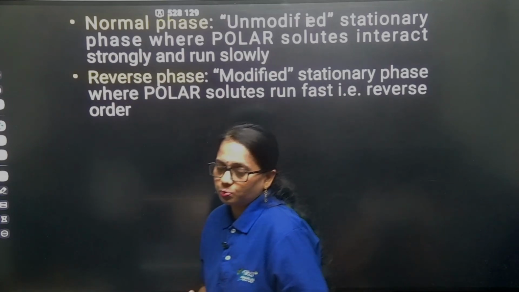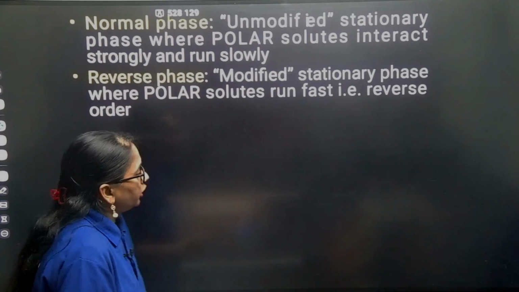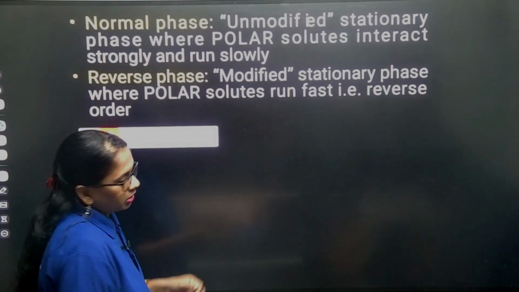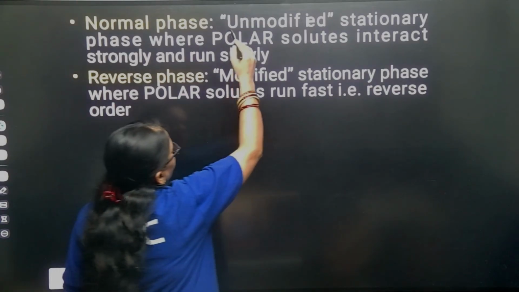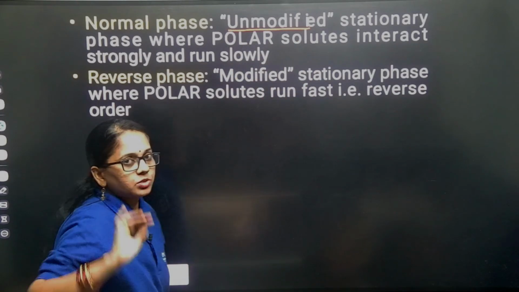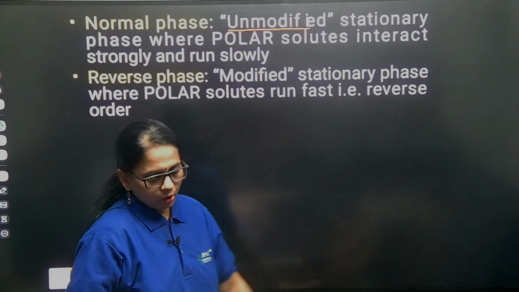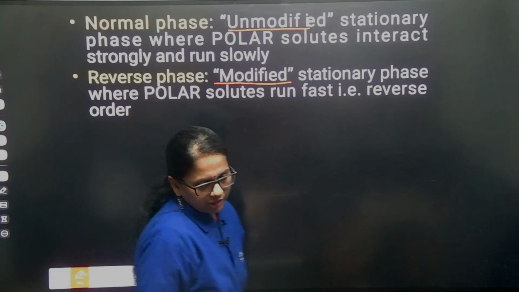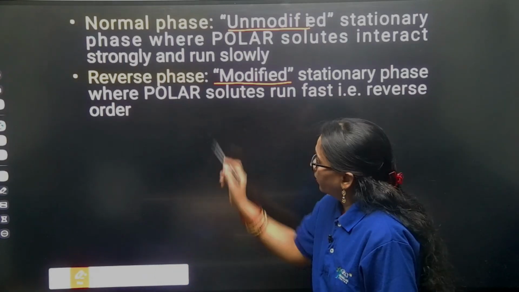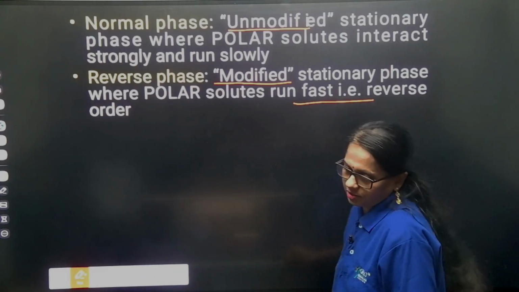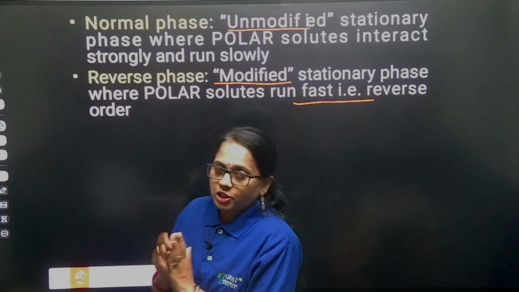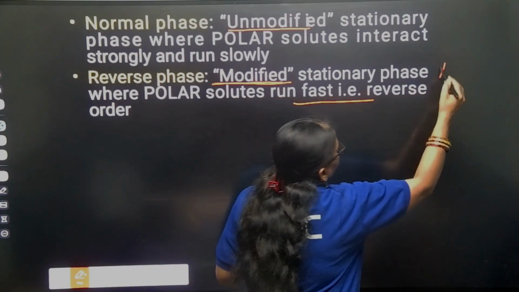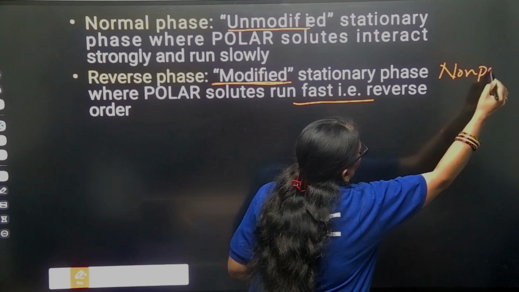And in reverse phase mode, we are going to use modified stationary phases. In normal phase, the stationary phase we use is unmodified, as such, whereas in reverse phase, modified stationary phase materials are used, where the polar solutes run very fast. That means the stationary phase is modified, completely converted to non-polar here.